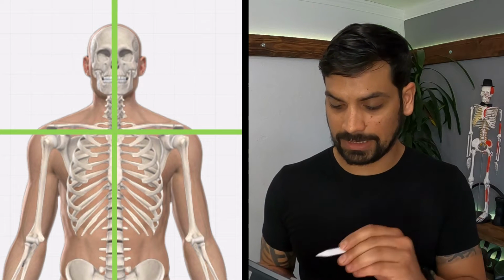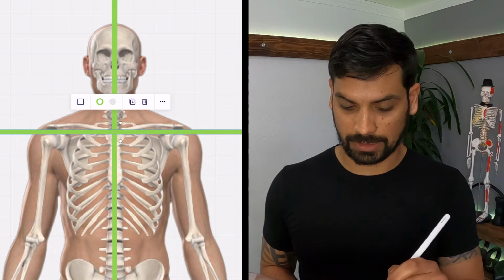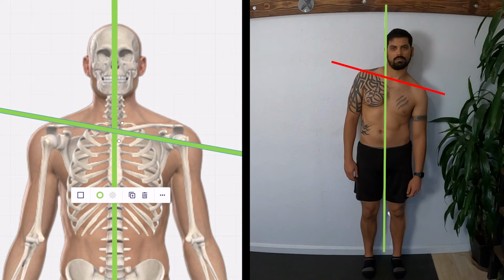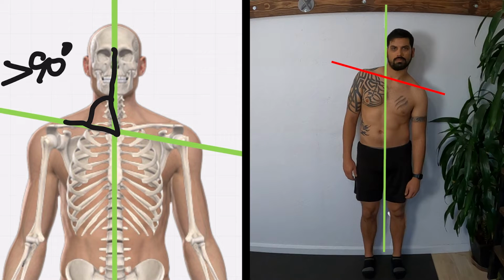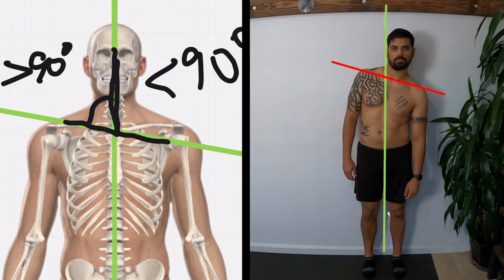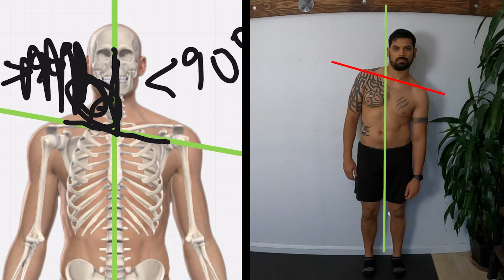But if we had a tilt going one way or another, let's just say this is tilted this way, well, what would end up happening is that angle drops to less than 90 degrees, and this one becomes more than 90 degrees. And with this being said, all you have to do is look for the side with less than 90 degrees, and that will be the side creating all of the problems, creating the muscle imbalance.